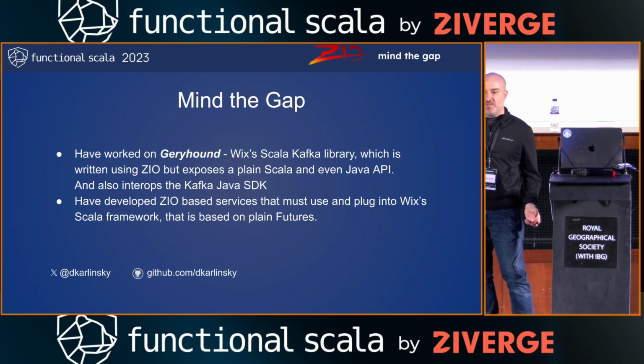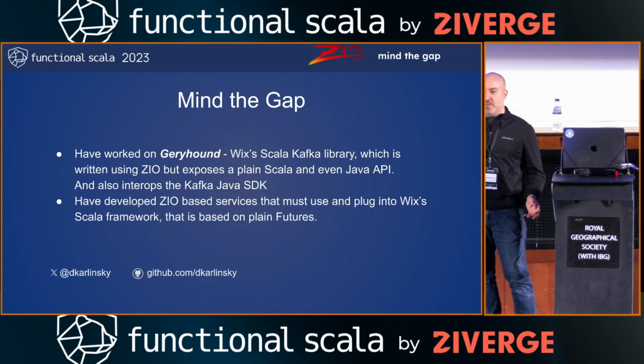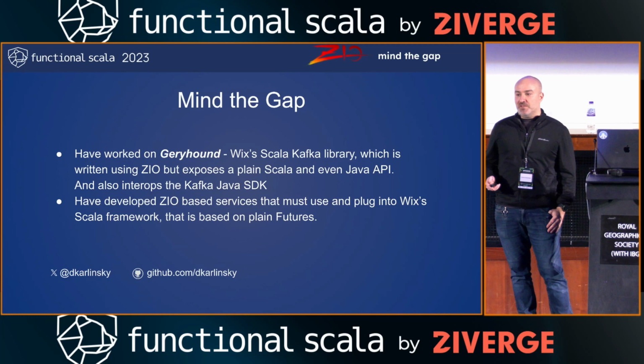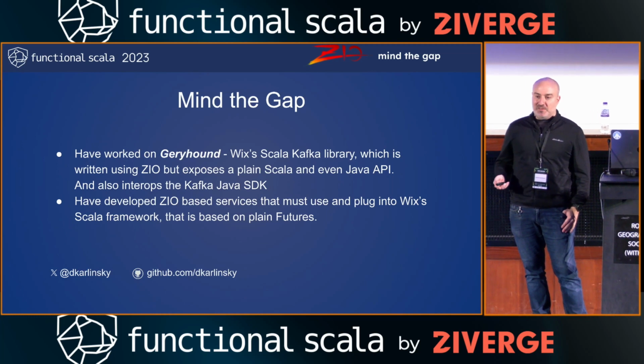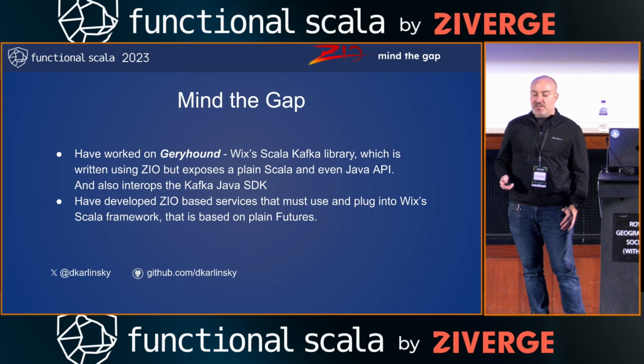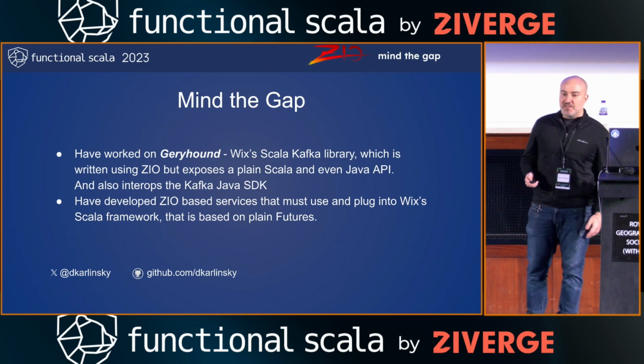We also had to expose a Scala API with plain futures and even a Java API. I've also developed quite a few ZIO services at Wix that had to plug into our custom Wix framework, which works with plain futures, and had to implement some contracts.